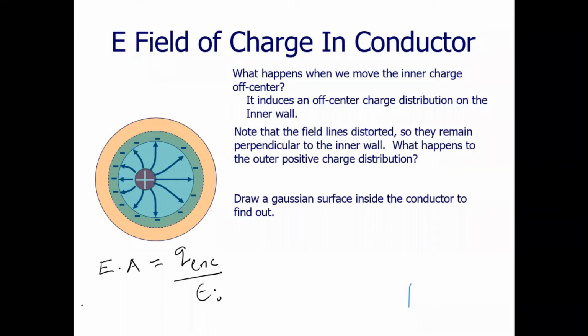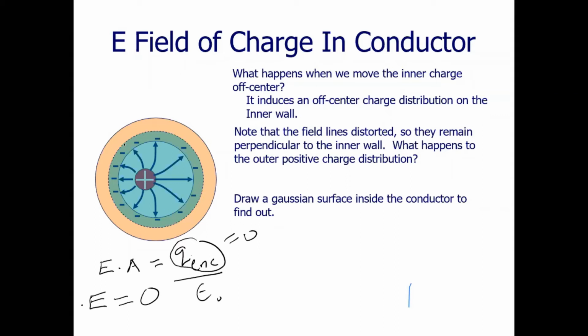Now, if the charge enclosed by the Gaussian surface there is equal to 0, then what do you expect the electric field to be? The electric field will be 0 inside. The electric field inside the conductor will be equal to 0.